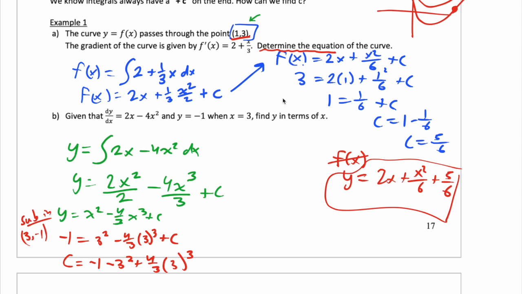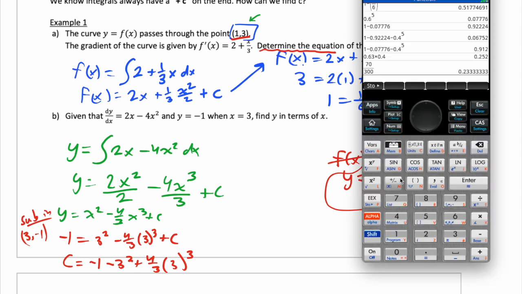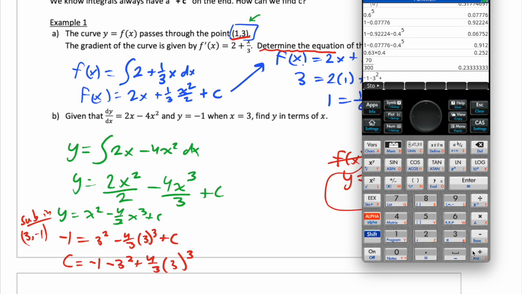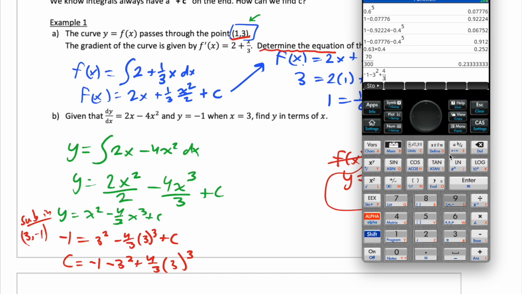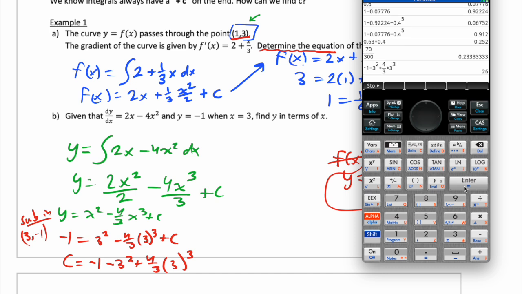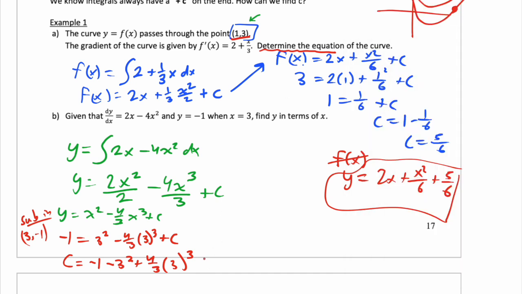Suppose you can do it without a calculator, but if I have a calculator, why not? -1 minus 3 squared plus 4/3 times 3 to the power of 3. 26, so it is exactly 26.